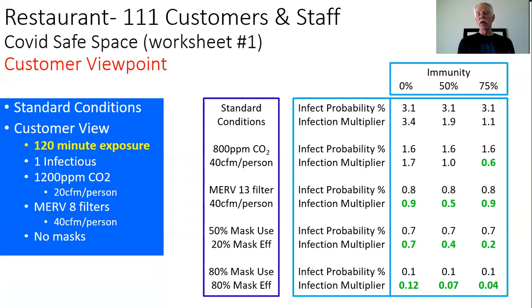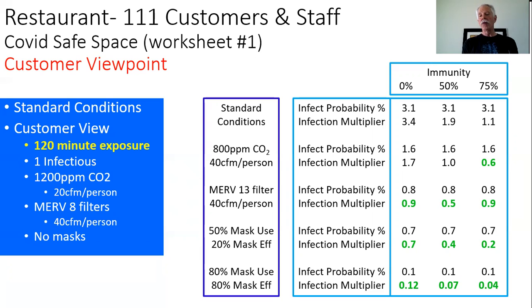Now, as we increase fresh air, and the way we know the fresh air is increased is not by measuring airflow, it's by measuring carbon dioxide. Carbon dioxide is reduced to 800 parts per million. That means we've doubled the fresh air flow from 20 cubic feet per minute per person to 40.